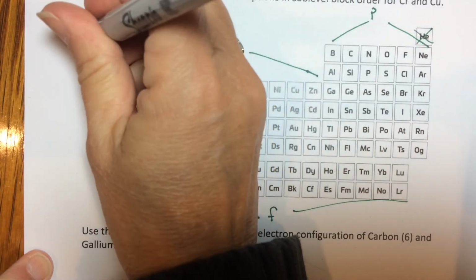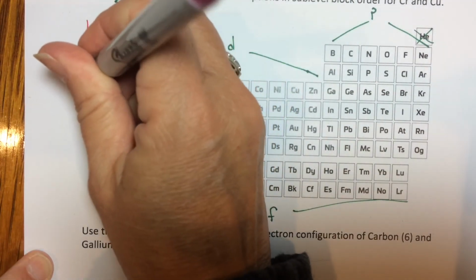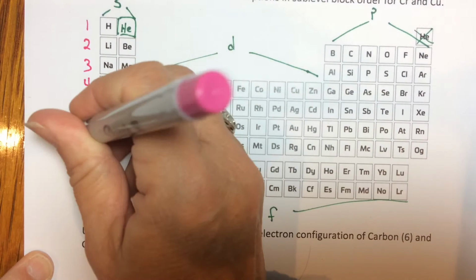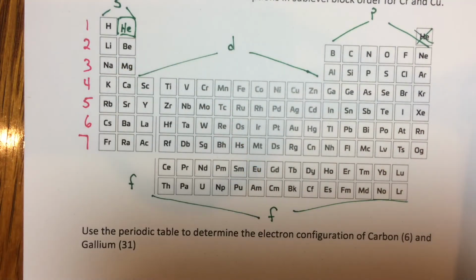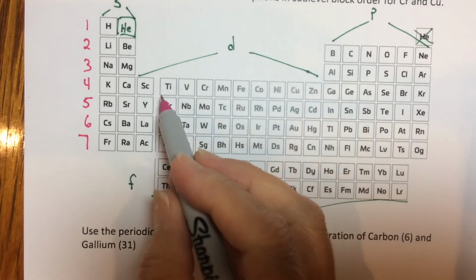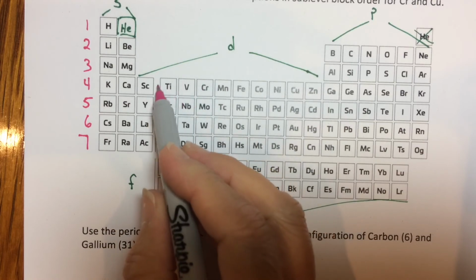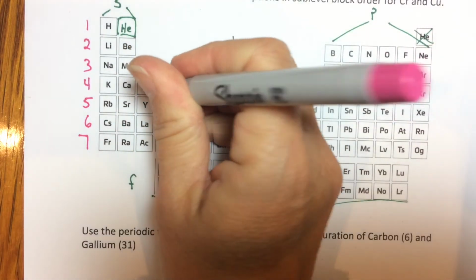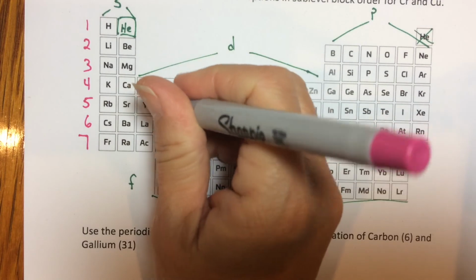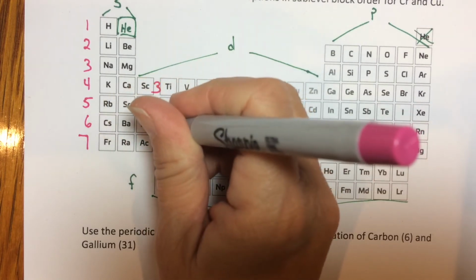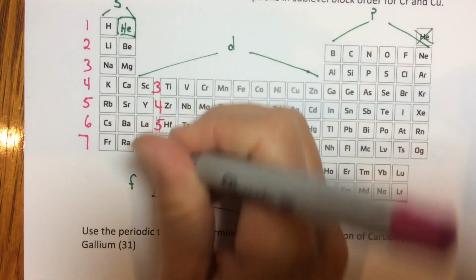This is the first, second, third, fourth, fifth, sixth, and seventh. The D block is 1 off. So right here with titanium and vanadium, those are 3D. And so this is 4, 5, and 6.